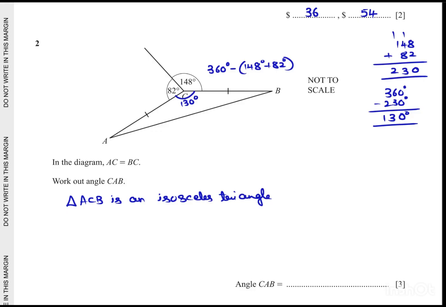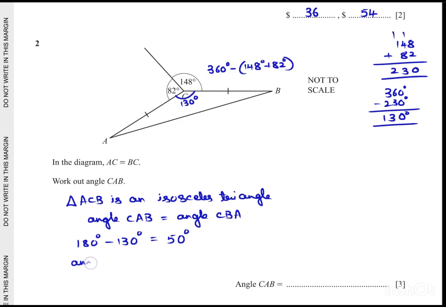So angle CAB is equal to angle CBA. Now using the sum of three angles in a triangle property, we can do 180 minus the angle which we know here, that is 130. 130 if I subtract, I get 50.